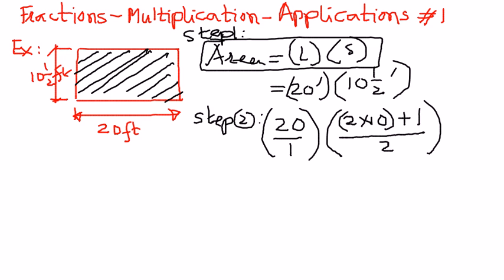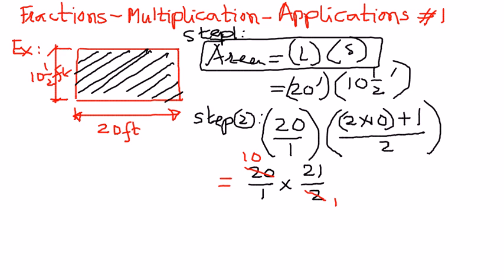So when we simplify this, we're going to get 20 divided by 1 times, 2 times 10 is 20, 20 plus 1 is 21, divided by 2. Now we are ready to simplify this. We look for numbers in the numerator and the denominator which are multiples of one another. 20 is a multiple of 2, so 2 times 1 is 2, 2 times 10 is 20.